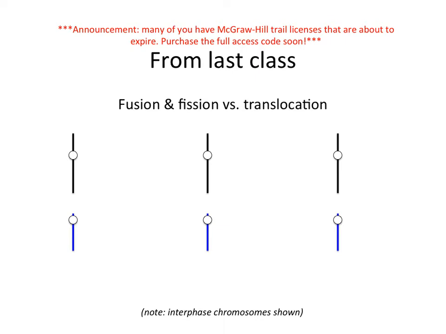So a single vertical line up here represents what, do you think? A chromosome, which is the same thing as a double helix, right? So we've just zoomed way out. One double helix, one chromosome, one vertical black line. Okay, what do you think the white circle is?